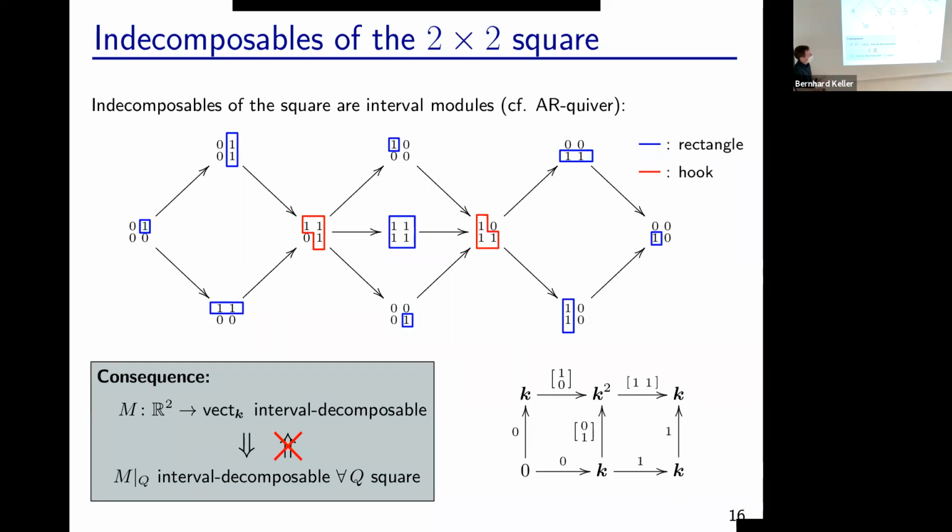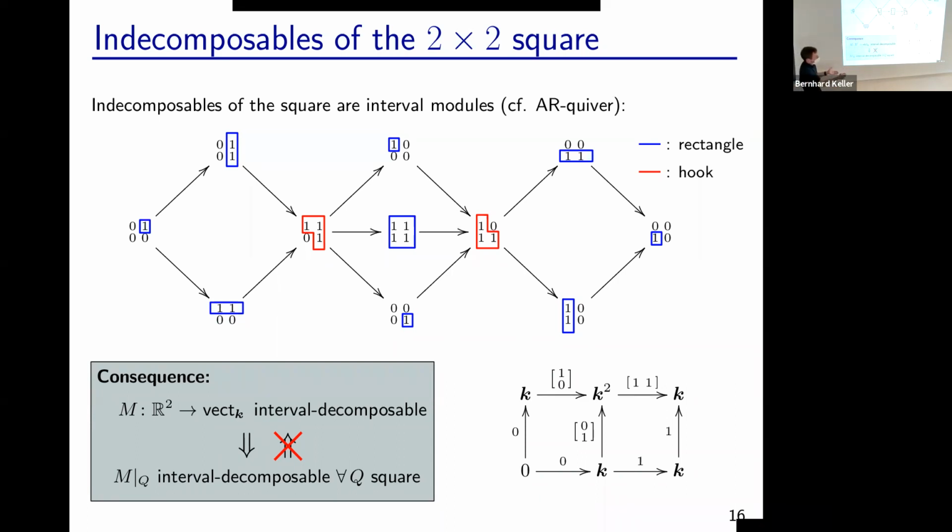I mean, it makes the answer trivially no. Meaning that if you take any representation of the plane, for instance, and you take its restrictions to squares, because the indecomposables of the squares are all intervals, of course, the restriction will always decompose into intervals. But of course, the original representation was arbitrary. So you have the implication in this direction, but you don't have the implication in the other direction.